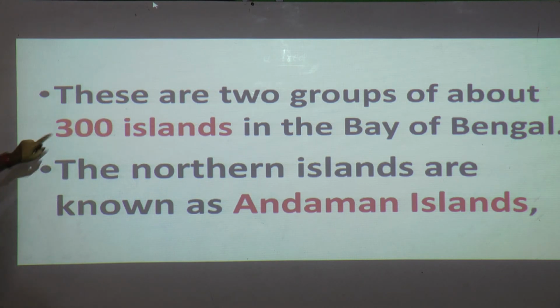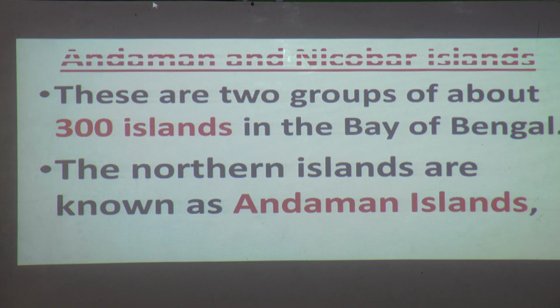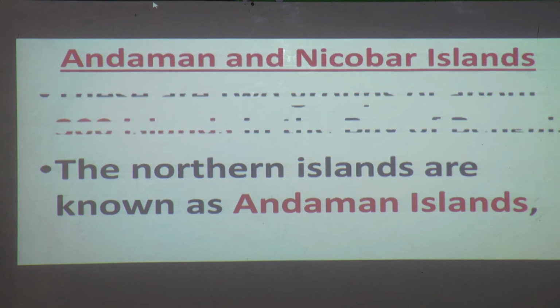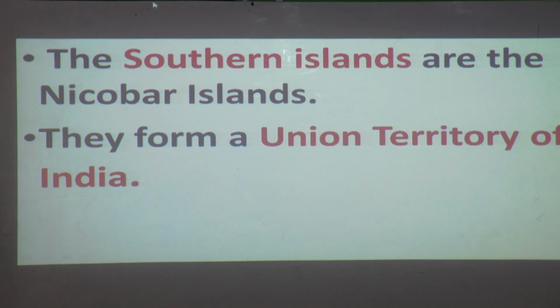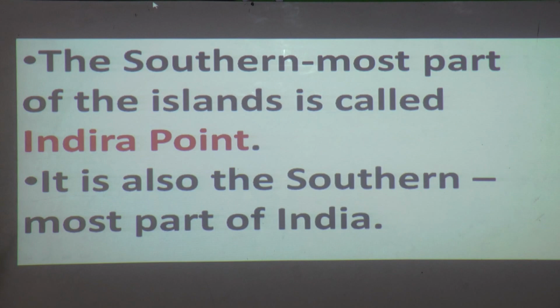The northern islands are known as Andaman Islands, and the southern islands are called Nicobar Islands. It is a union territory of India. The southernmost part of the islands is called Indira Point, which is also the southernmost part of India.